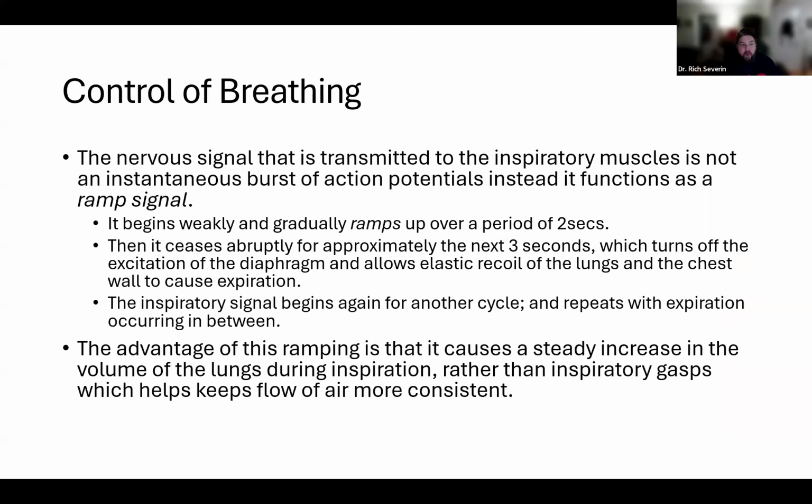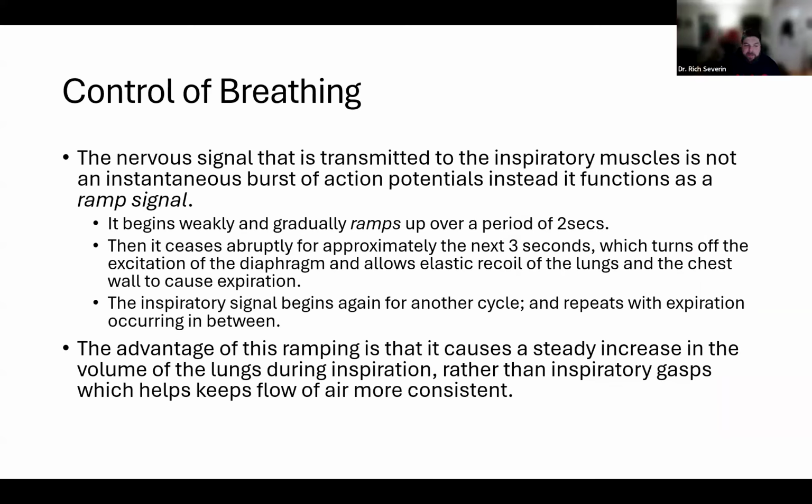It's also important to note that under resting, healthy conditions, there's a nice slow graded wave of activity. We call it a ramp signal, and activity gradually ramps up and then gradually decreases.